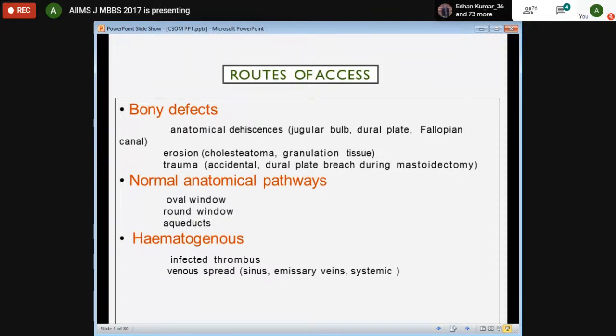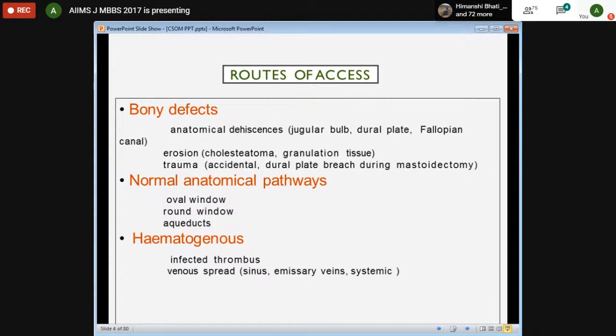In ASOM there is acute infection of the mucosa, there is edema and congestion, and it leads to decalcification of the bone. The bone gets dissolved, and through the gap that is created, the infection travels to the other part.